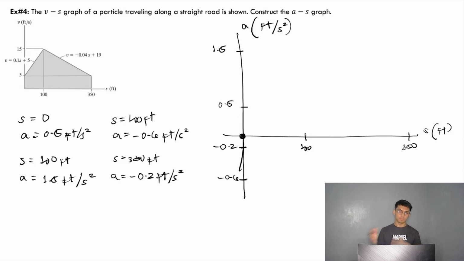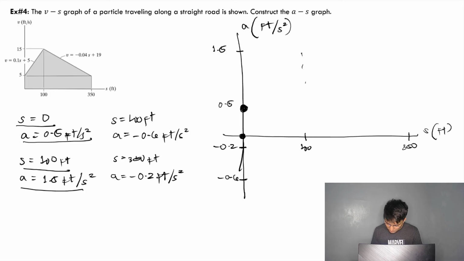We can now plot the graph. So, kapag yung s ay 0, ang acceleration ay 0.5. Ito siya. Kapag yung s ay 100 feet, 1.5 ang ating acceleration. So, ito yan. And then, sa second motion natin, kapag yung s natin ay 100 feet, magiging negative naman yung kanyang acceleration, which is 0.6.